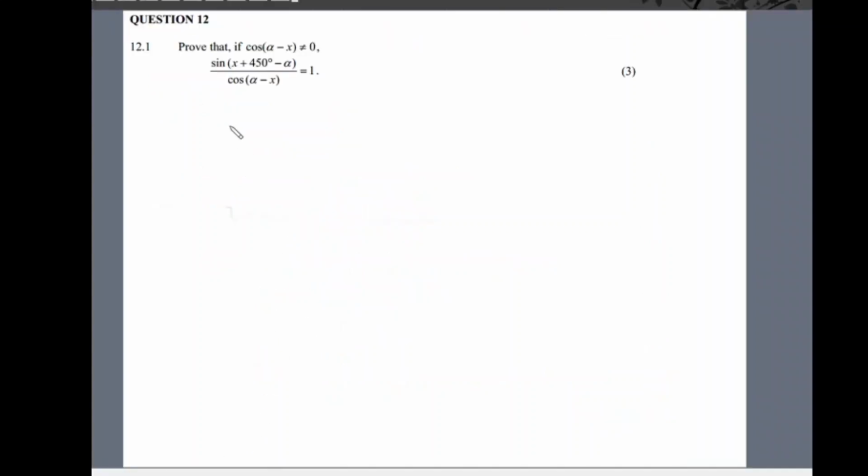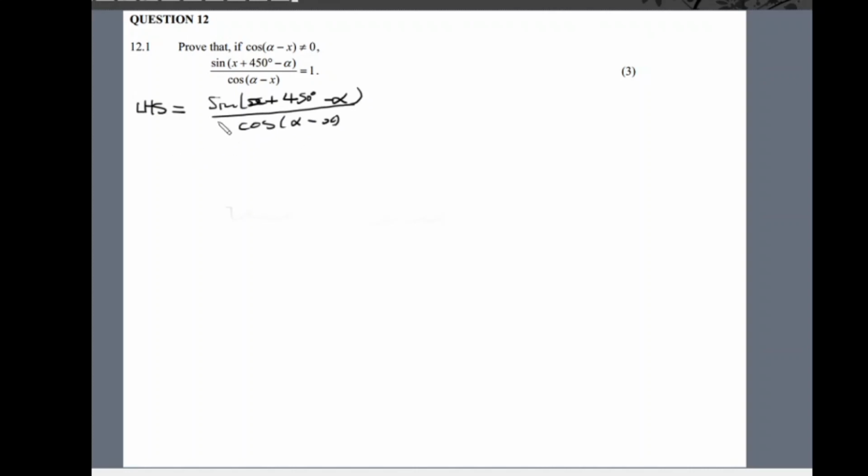So sizothoma ngokuthi the left hand side is equals to sine x plus 450 degrees minus alpha divided by cos alpha minus x.